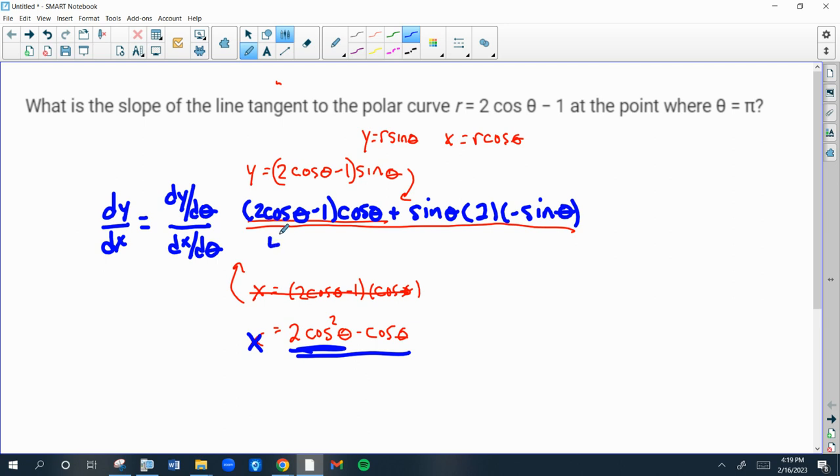So it's 4 cosine theta to the first, then times the derivative of the inside. And cosine's the inside. So times the derivative of cosine, which is negative sine. So I'm done with the chain rule on that first term. And the second term is the derivative of negative cosine of theta, which is negative sine, so plus sine theta. So this is my derivative.